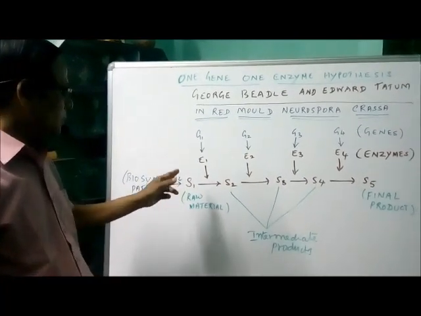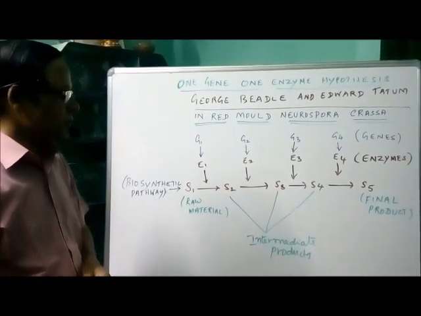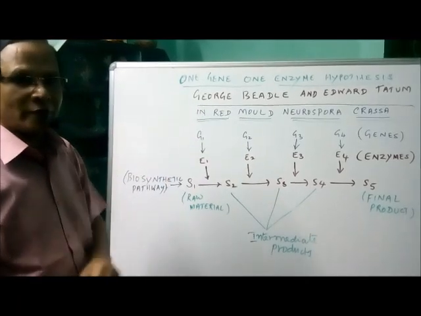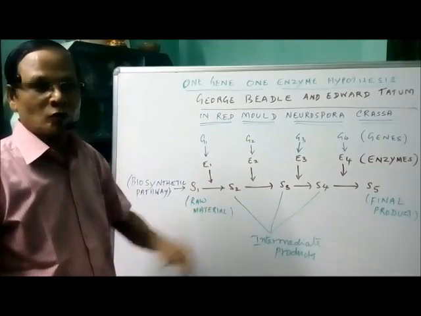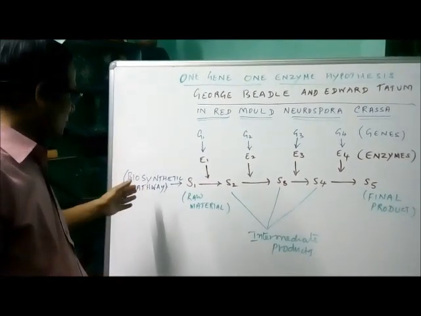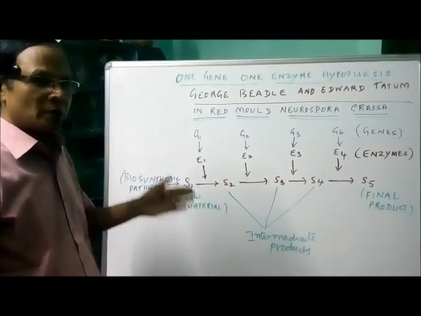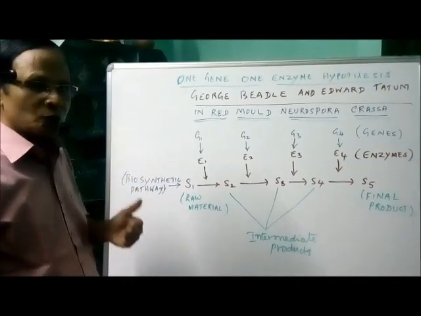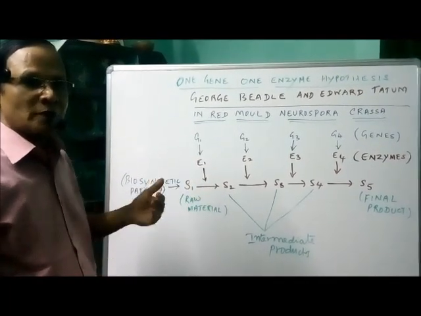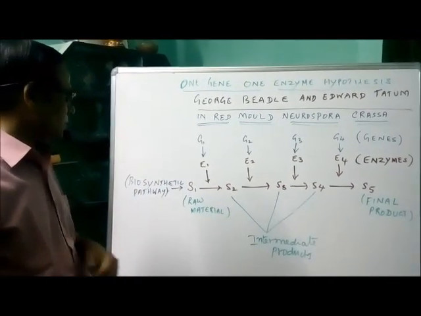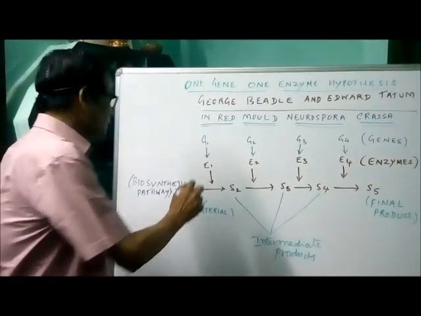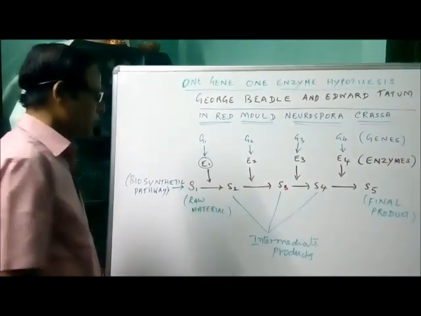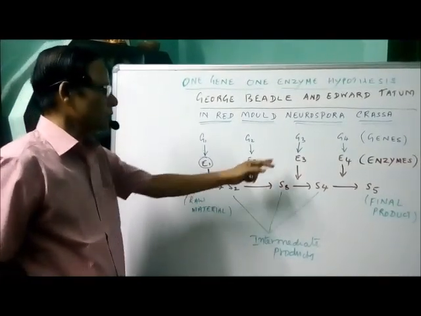Here S1 is the raw material and S5 is the final product, in between which we have a number of intermediate products. So this is what's called a biosynthetic pathway. A number of steps are involved to produce a particular product from the raw material. Now, each step, S1 to S2, is catalyzed by an enzyme E1. Likewise, S2 to S3 by E2, then E3, E4.